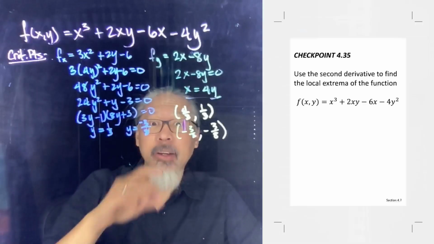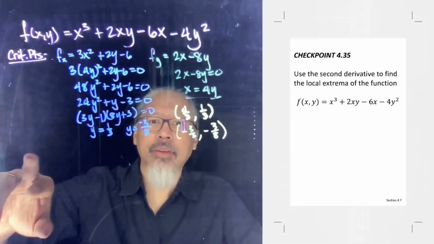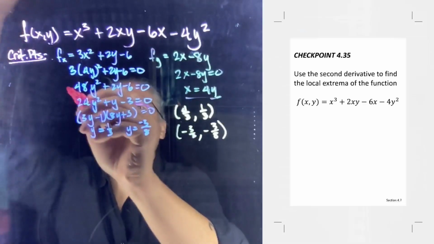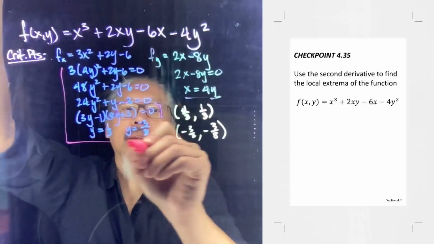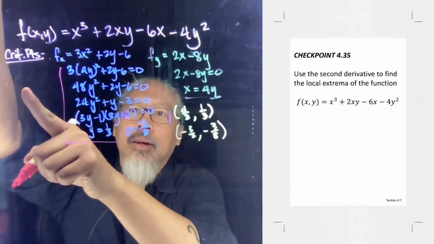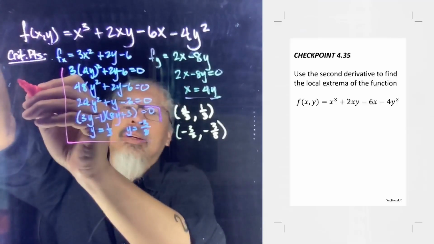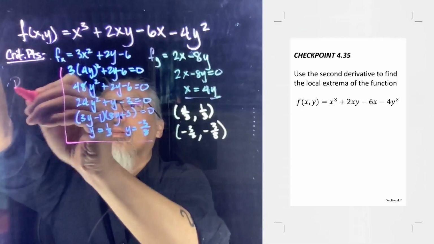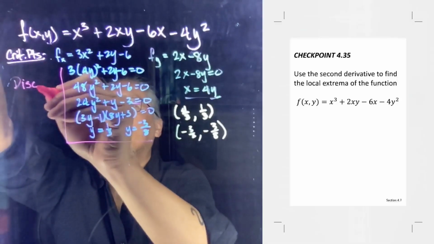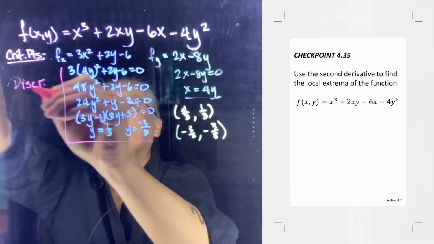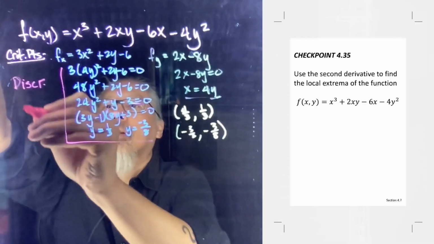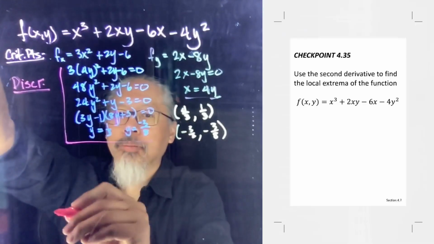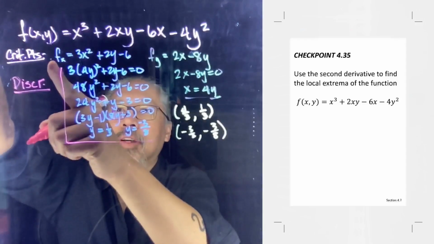Now we are going to need our second derivative for the analysis. We need to take the derivative. So the discriminant, we'll call it. We need to take the derivative of fx with respect to x.